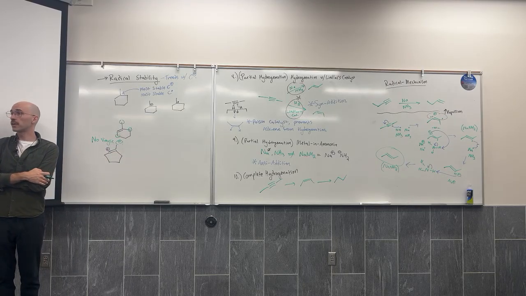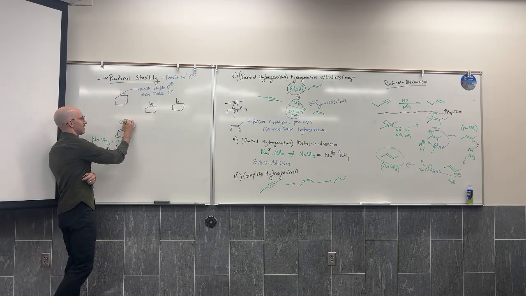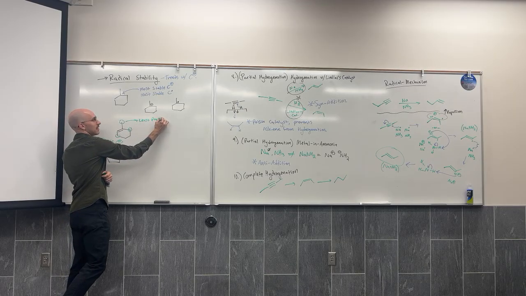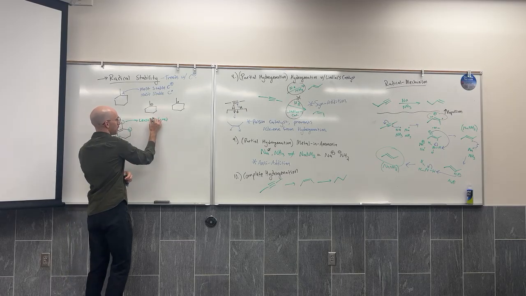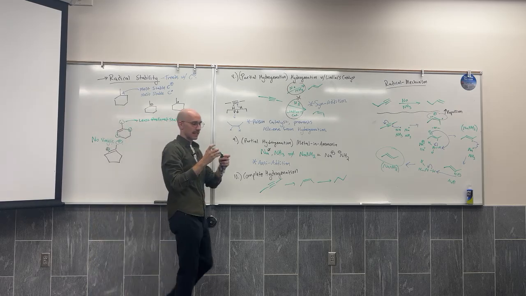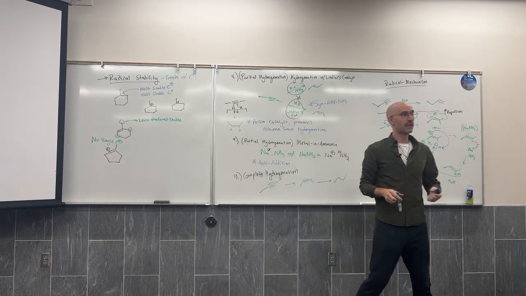All of those would be good places for a carbocation. Guess what? They'd all be good places for a carbon radical as well. Would the secondary carbons be better than the primary carbons? Yes. The most preferred is the most substituted, and the least substituted is the least stable.